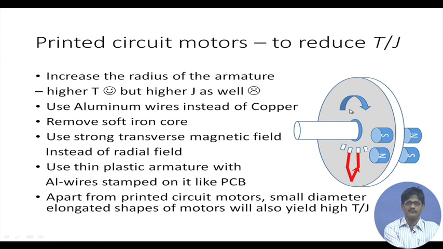Ultimately what we have is very high force multiplied by a very large radius, radius square, and an extremely small value of mass. This combination ultimately gives us a very high T by J ratio, so that we get a sufficiently low time constant from this type of configuration.